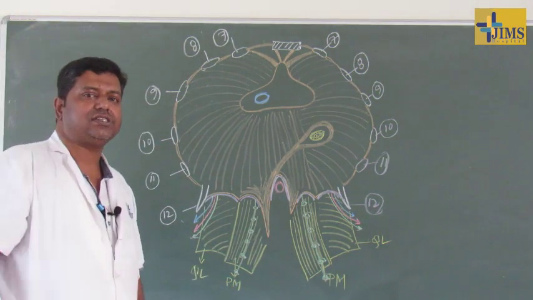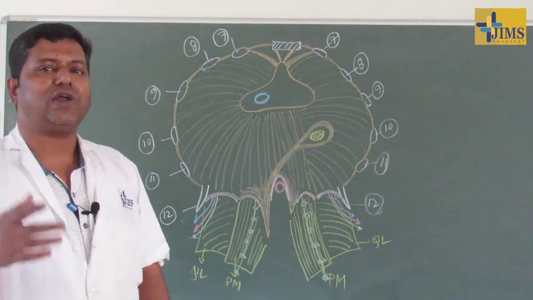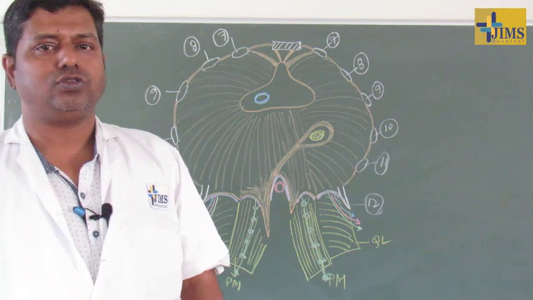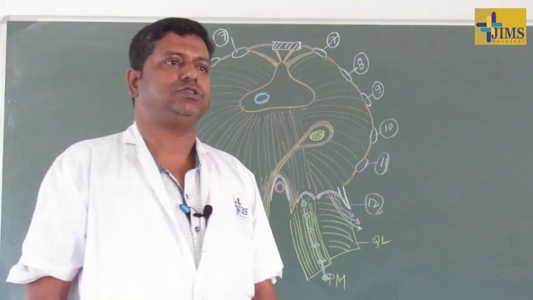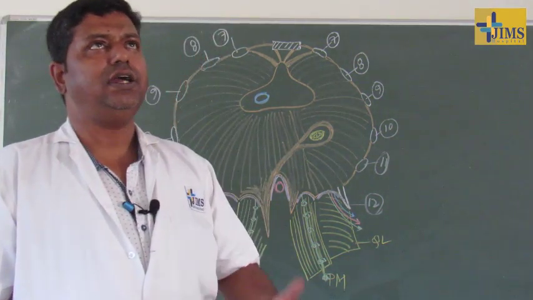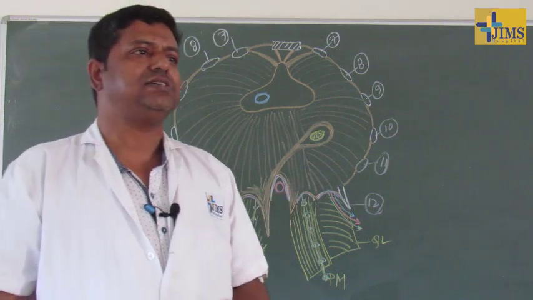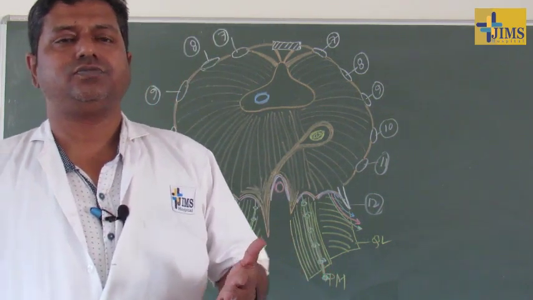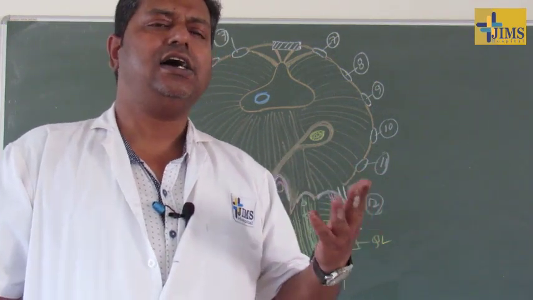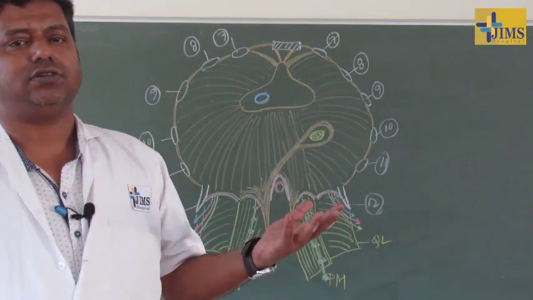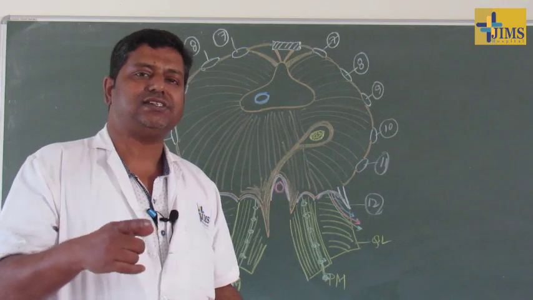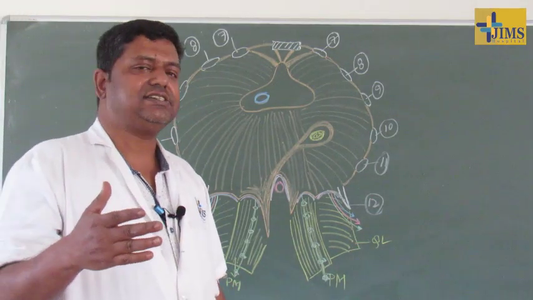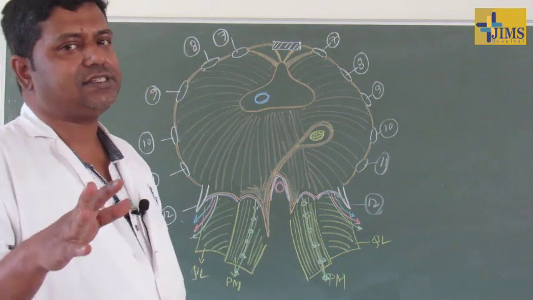Number 2, a very important structure, is the thoracic duct. And number 3, which may or may not pass, is the azygous vein when it arises as the lumbar azygous vein.